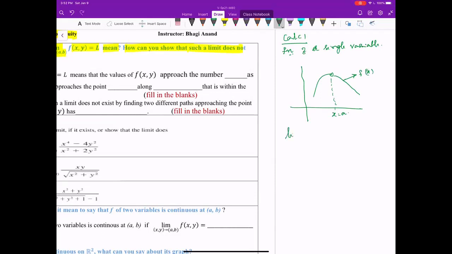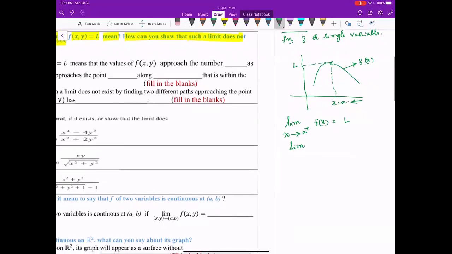Then we say that the limit as x approaches a from the right of f(x) equals L, where this y coordinate is L. And also, if you approach the same a from the left, through values smaller than a, then this left-hand side limit is also equal to L.